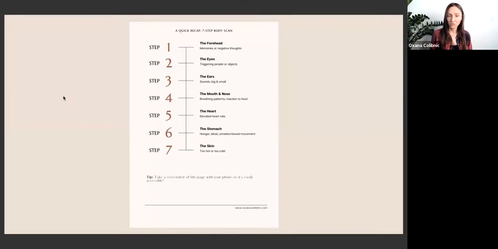The mouth and nose. So the nose would be, are you breathing properly? Is there any smell that's, again, a trigger for you because of a situation in the past when your unconscious mind recorded this smell as a trigger? The mouth would be, did you eat something spicy? Or in general, what did you eat? Maybe it's something that you are not tolerating. So the heart: I usually like to put my hand on the heart to just feel the heartbeats.